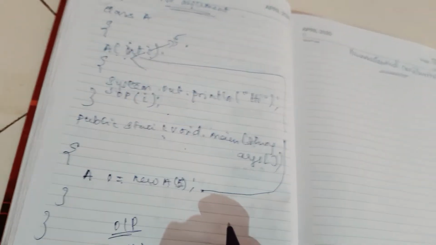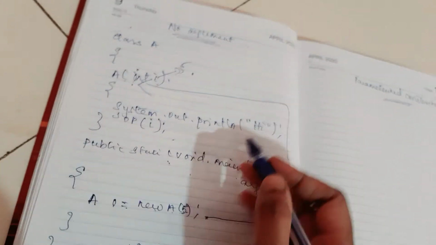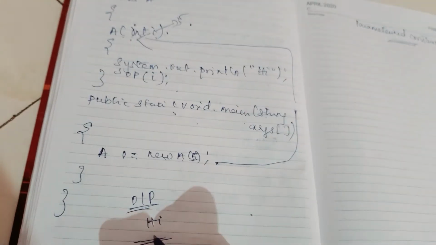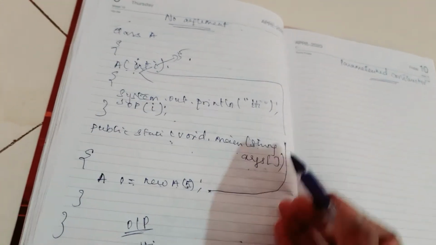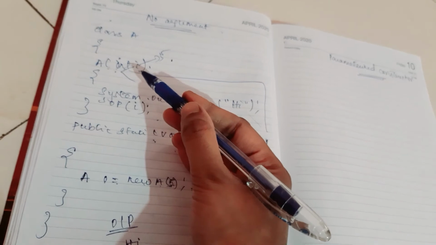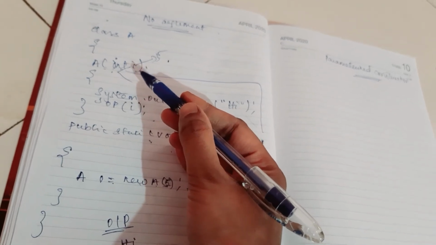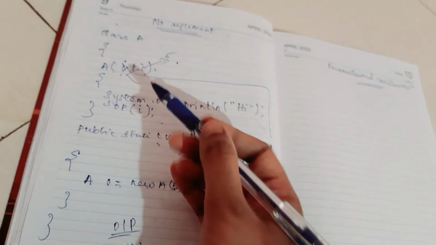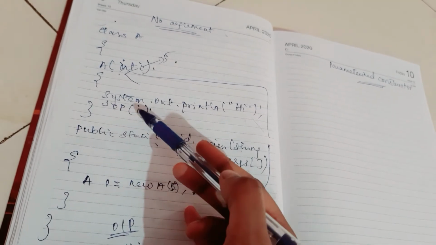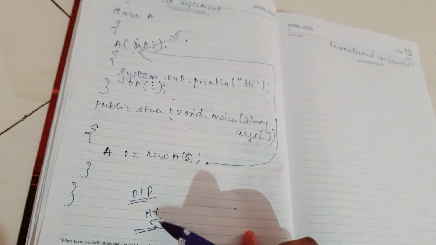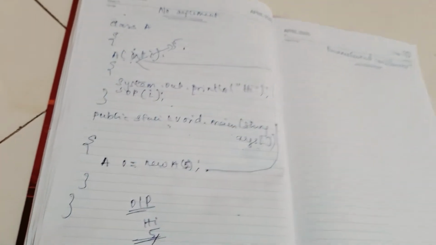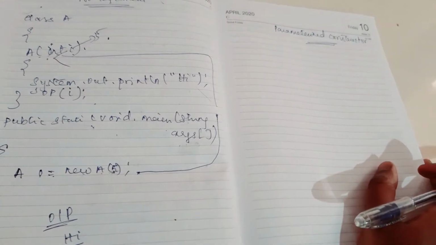So now my output would be hi and 5. This object will take the value 5 and assign it to the variable inside the parameterized constructor, and the print statement will get executed and print this 5. That is all about the parameterized constructor.